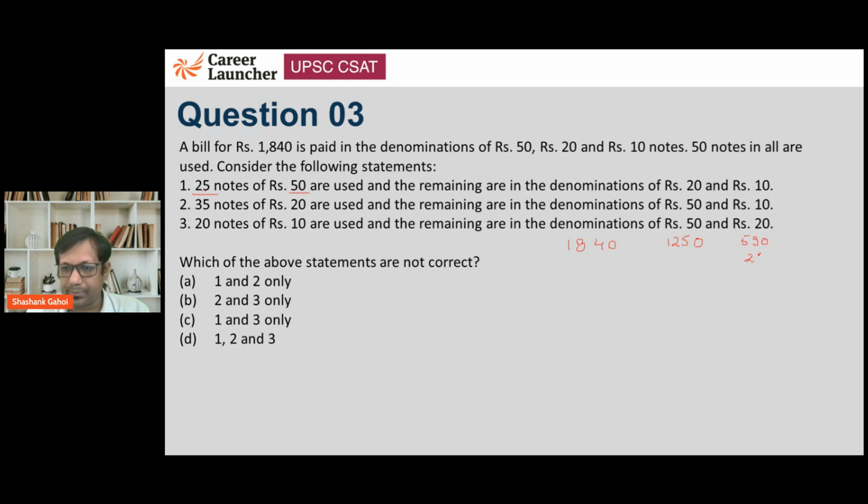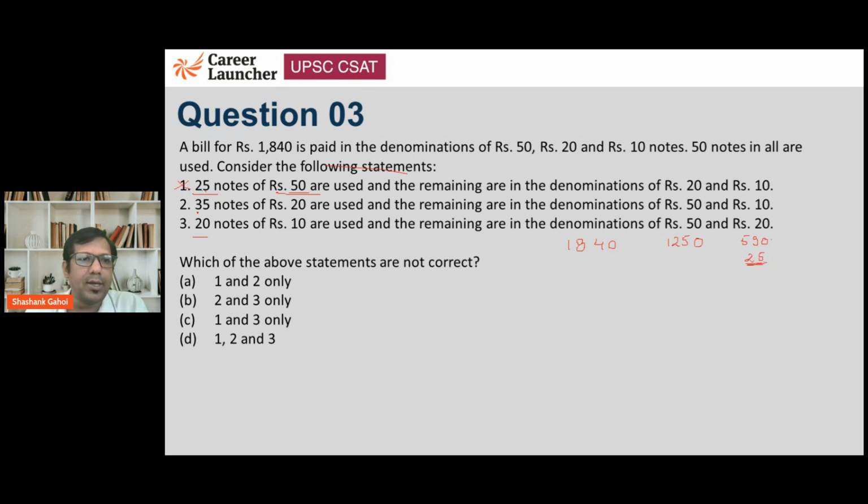Now, if I am paying everything by 20 rupee notes itself, then 25 notes are going to give me a maximum of 500 rupees, and I cannot pay 590 with the help of 25 notes if I'm not using any 50 rupee notes, because 50 rupee notes we have already used. So basically this arrangement is not possible.